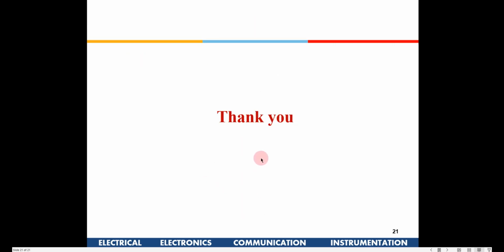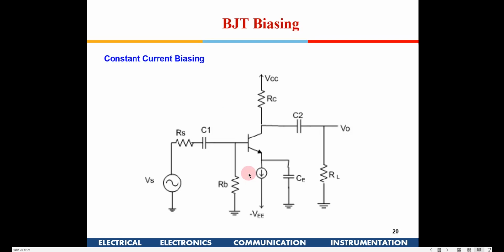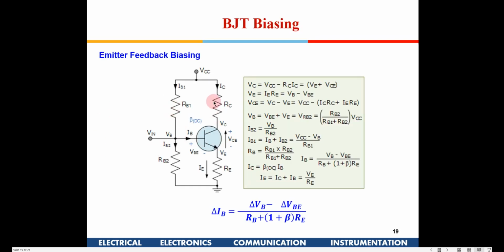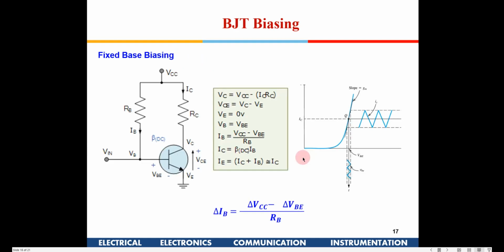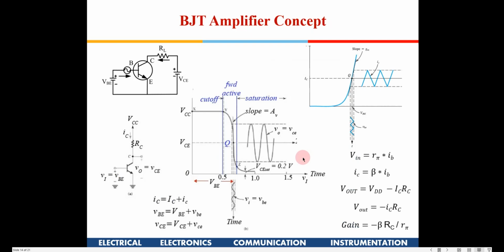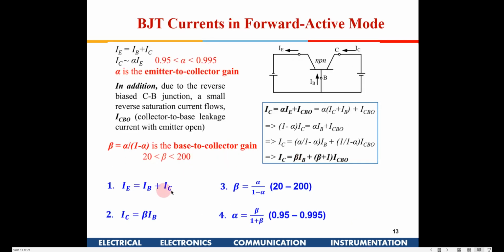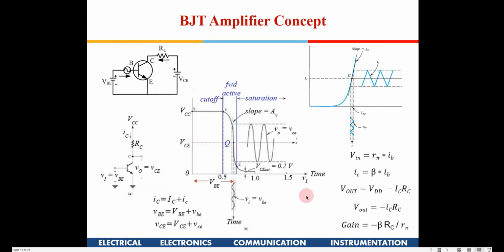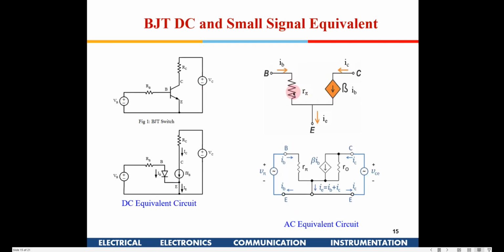So today we have just learnt a little bit about BJT and the requirement of biasing, and for various biasing what are the equations which will be applicable. You need to remember a few things from this class. One, these are the equations which you need to remember, and then this is the small signal equivalent for a BJT.